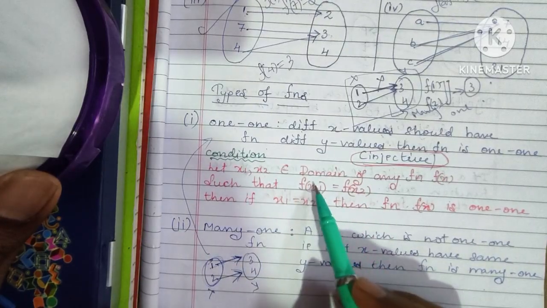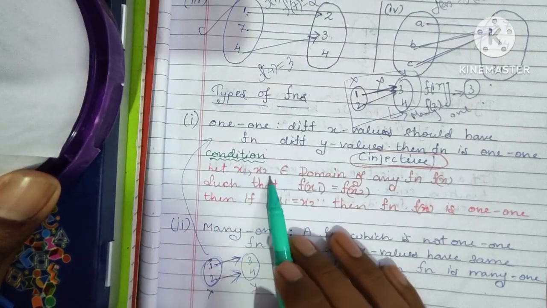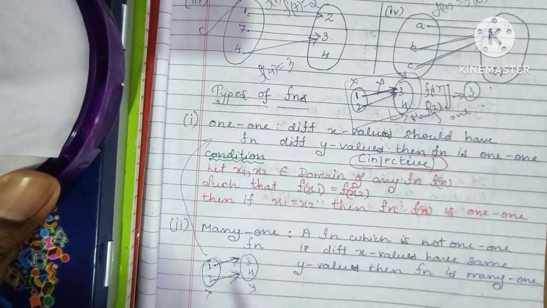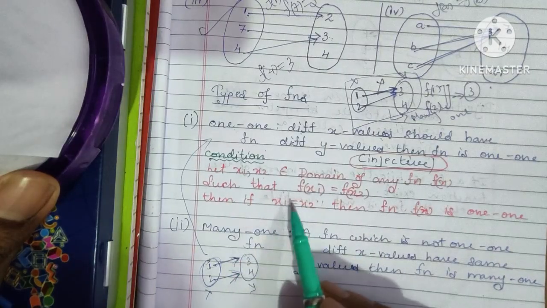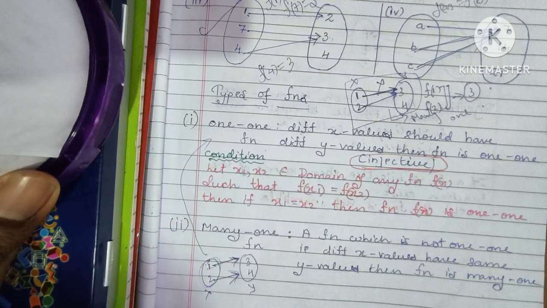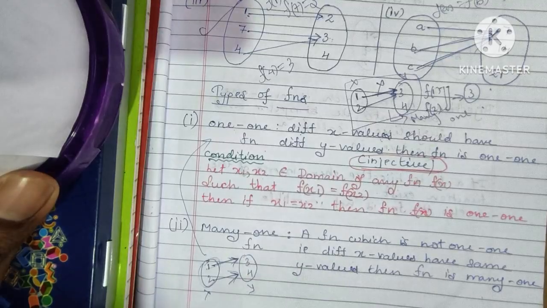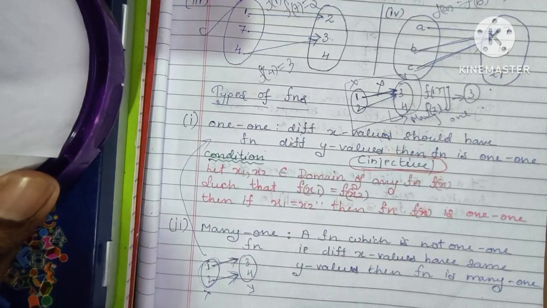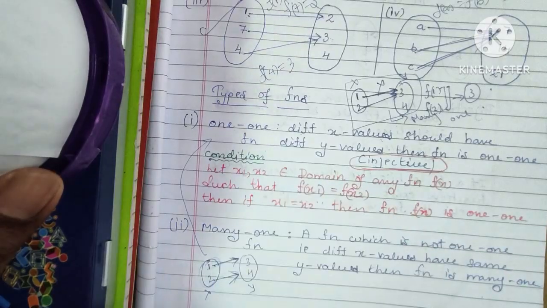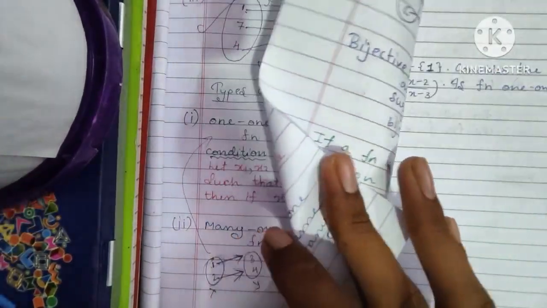So if we are substituting two values x1 and x2 in the domain, and we are getting the same value as output, then x1 should be equal to x2. Then only the function is said to be 1, 1. If x1 is not equal to x2 and satisfies this condition, then the function is said to be many one. Clear the idea? Yeah. Next topic.